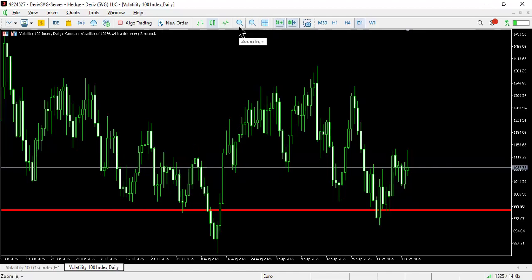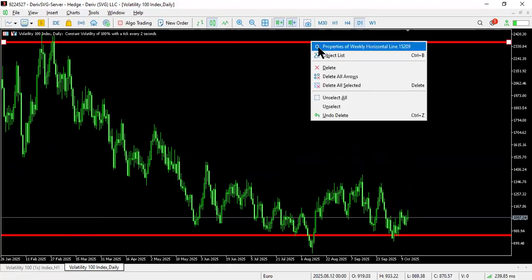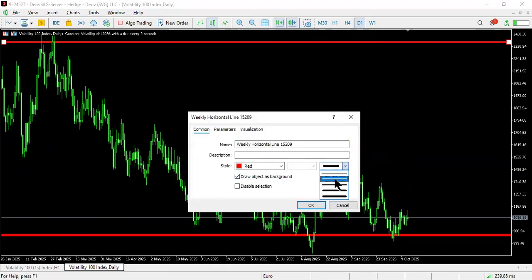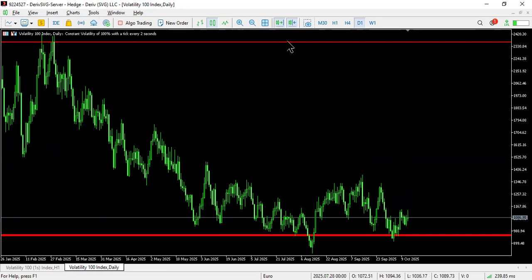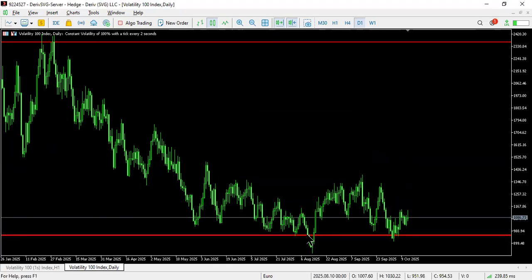And then from the daily time frame, so that's it from the daily time frame.